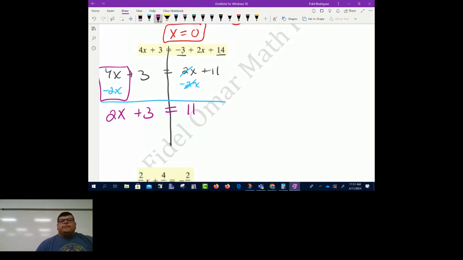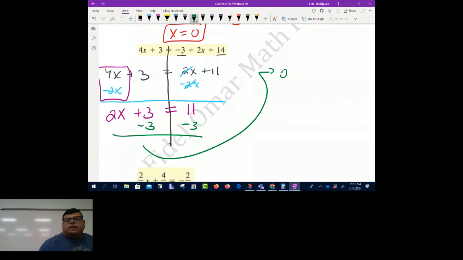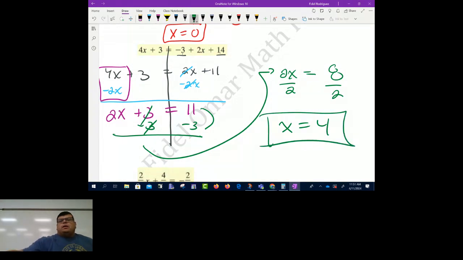I'm thinking about undoing the process. So if this is a plus 3, let me undo it by going minus 3. Those guys go away. 11 minus 3 is 8. And then when we divide both sides by 2, boom, we get x is equal to 4.